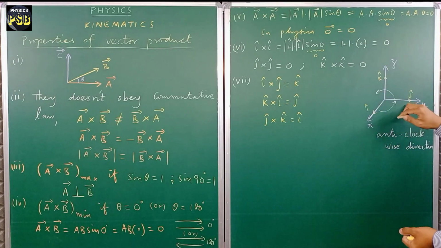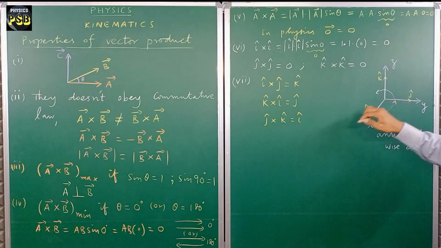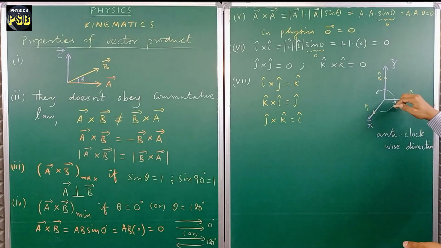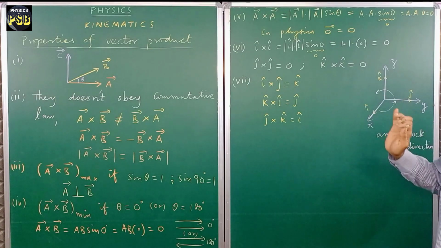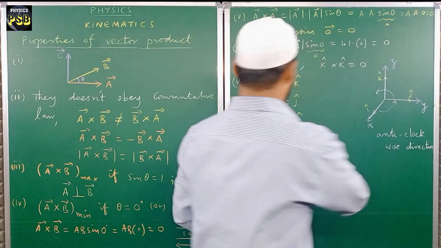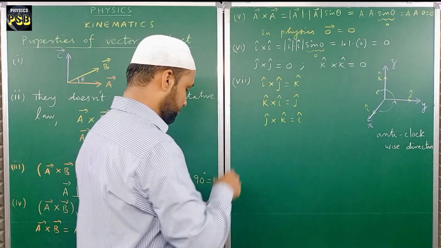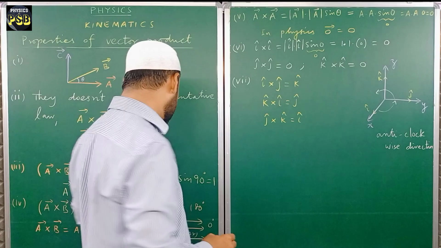When i and j are multiplied, we get k cap. When k and i are multiplied, we get j cap. When j and k are multiplied together, we get i cap. So it's obvious from the diagram. But what happens if we reverse it? Let's find out. We know cross product does not follow the commutative law.